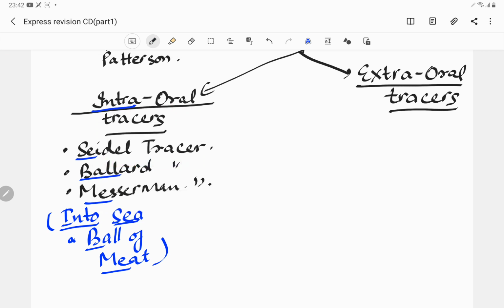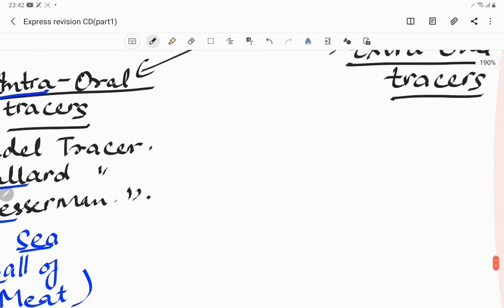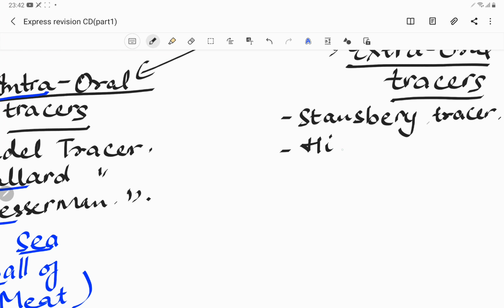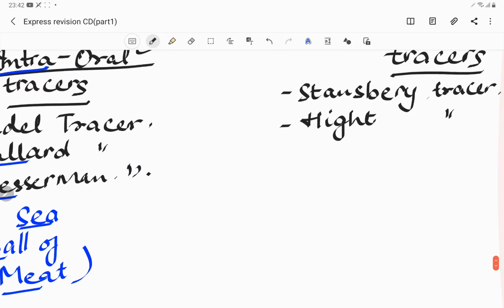Now talking about the extraoral tracers. We have the Stansbury tracer, then the height tracer, then the Phillips tracer, the Phillips which we use to straighten our hair or trim the beard, right?